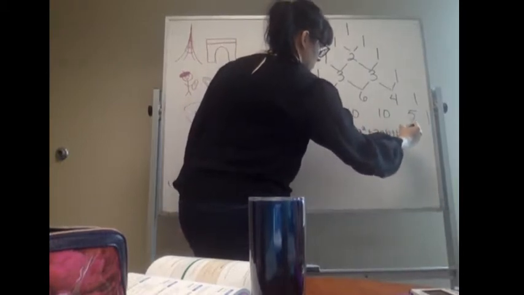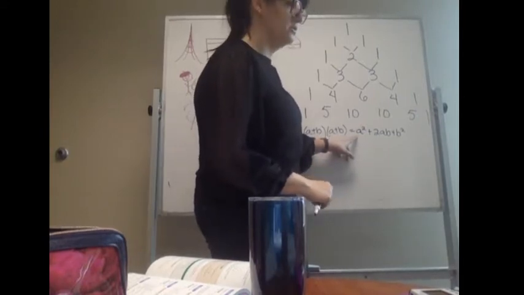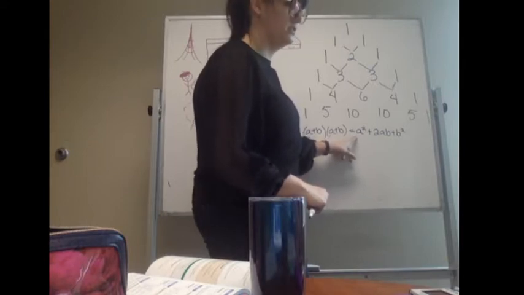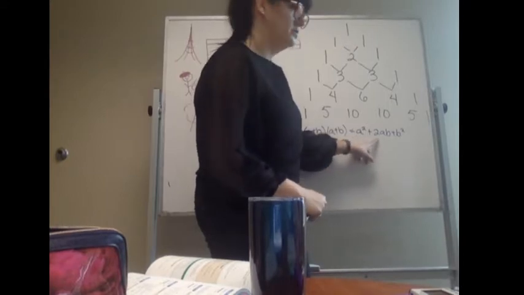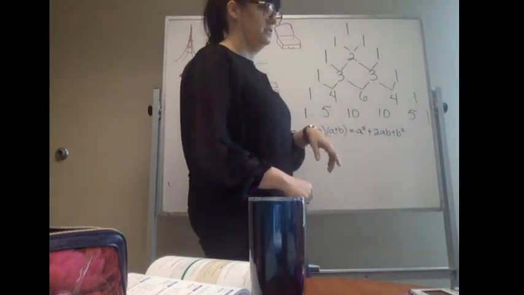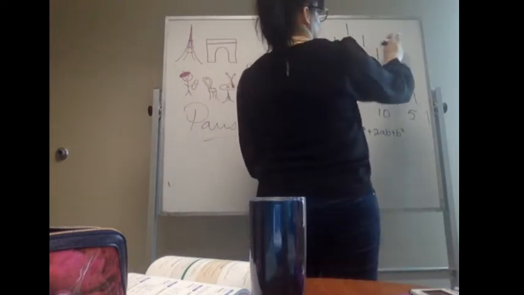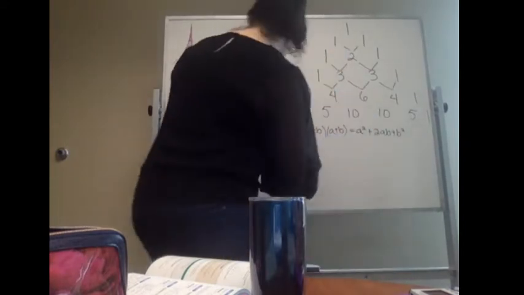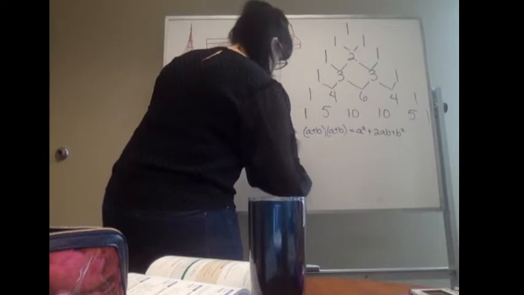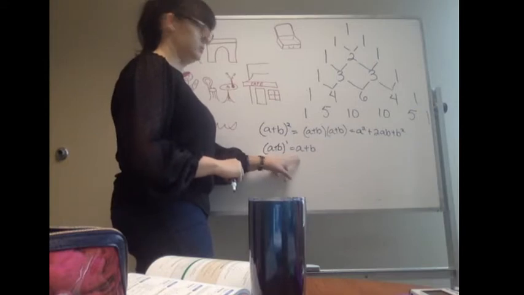What are the coefficients here? What's the coefficient? It's the number in front of it. So 1, 2, 1. You start counting here. What are the coefficients of a plus b raised to the first power? 1 and 1.